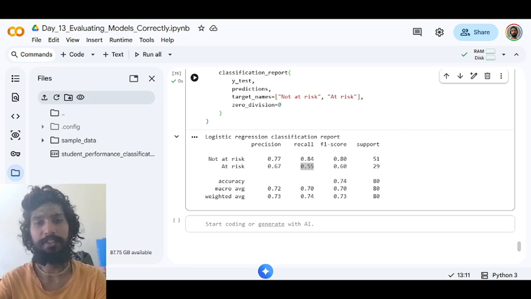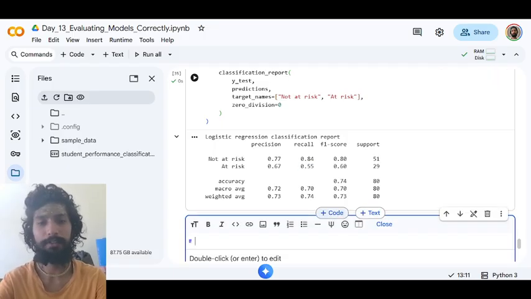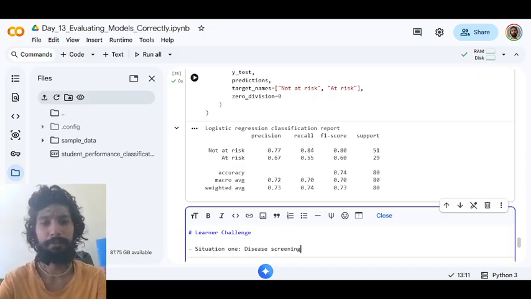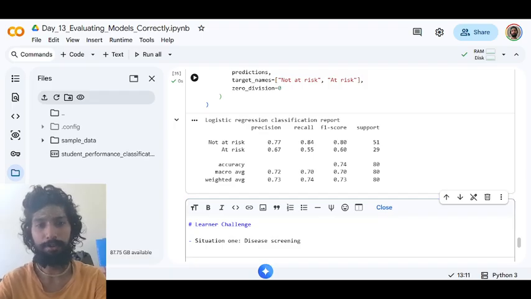Now complete today's challenge. This is today's learner challenge that you need to complete. You have two situations. Situation one is disease screening, and situation two is spam filtering. A model predicts whether a person may have a disease.